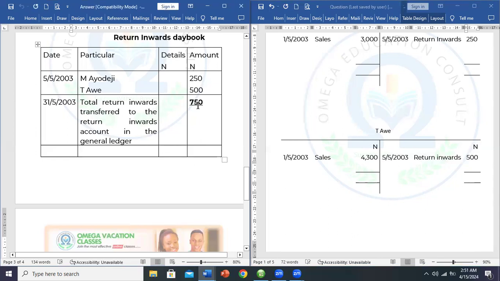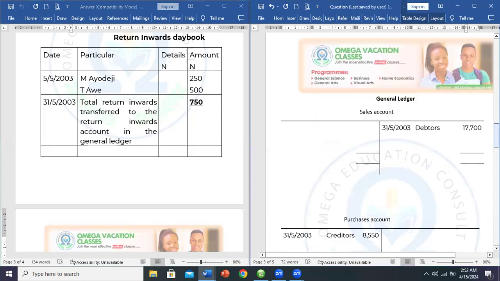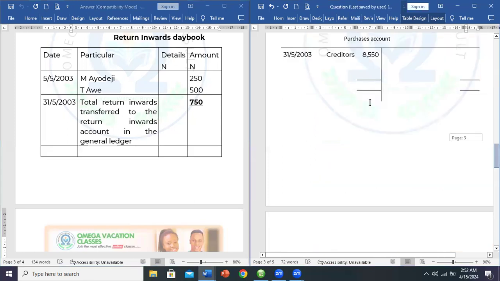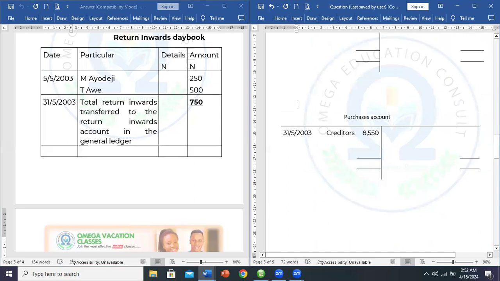So this total 750 goes into the return invoice account in which ledger? The general ledger. So it means that you need to go into your general ledger. So this is our general ledger. Under this ledger, we need one account for return invoice. So let me see if I can open that account.